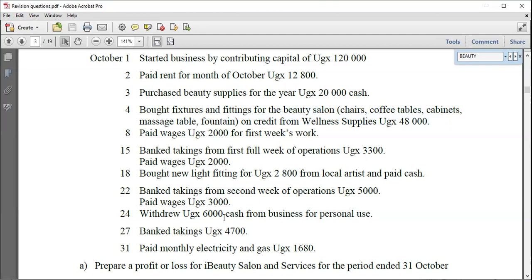Like I give you an example where instead of recording 6,000, we recorded 7,000, and then when it also came to this transaction of beauty supplies, we also recorded here. We recorded less by 1,000, and here we recorded more by 1,000.